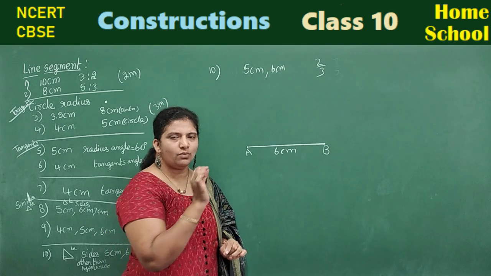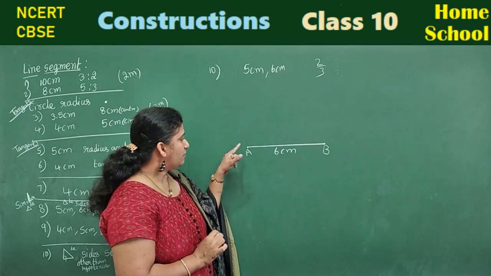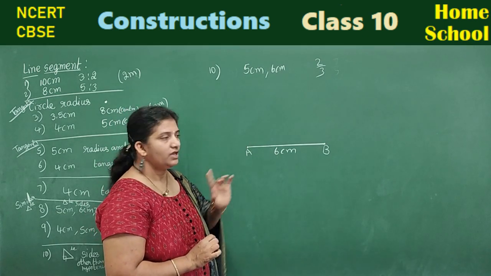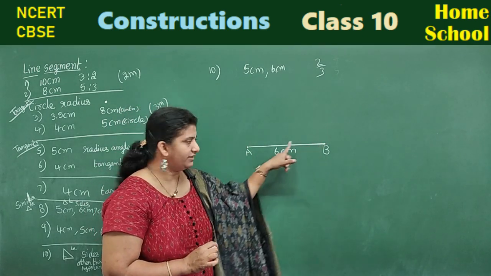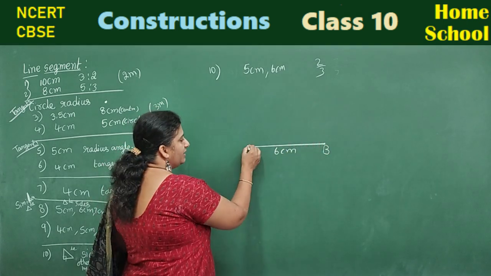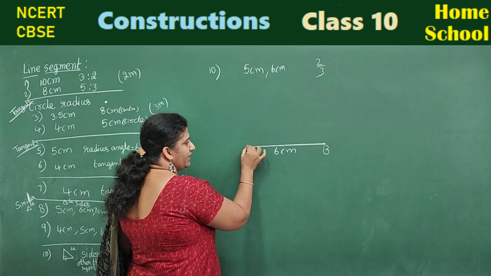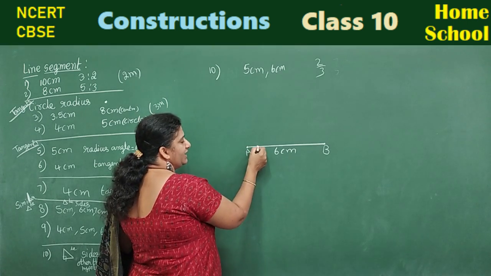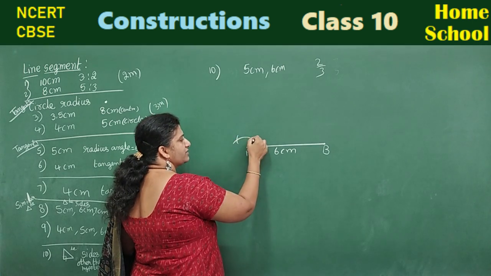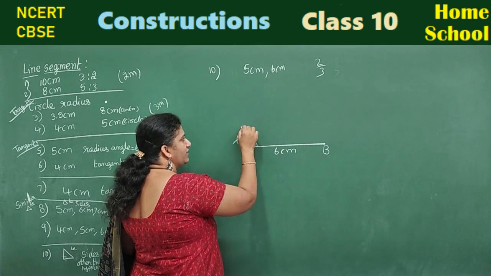Right triangle means one angle is 90 degrees. If I take this as a right angle, this side and this side I know. So I take this point as a right angle, 90 degrees. We'll do 90, children. Arc. This will be 60, this will be 120.